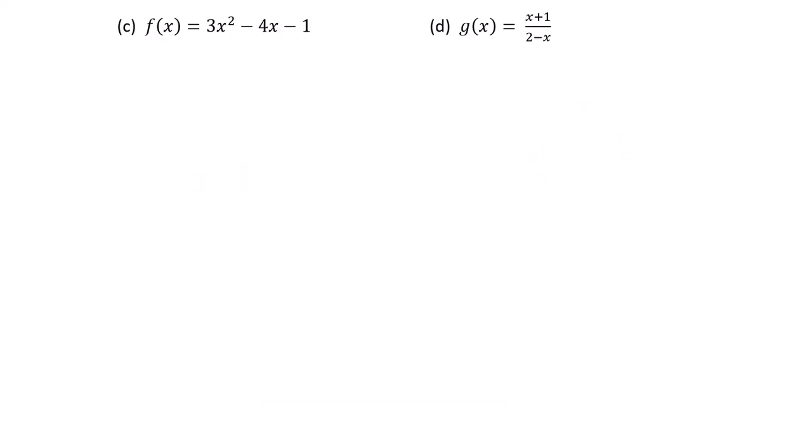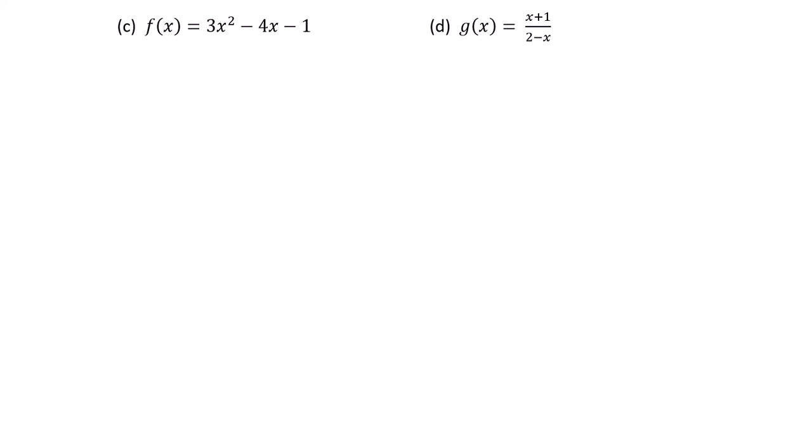With the same directions of finding the domain, we're looking at problem C. F of x equals 3x squared minus 4x minus 1. Remember, we don't really want to just look at what x can be. That's what domain is, but we want to think about what the restrictions are.